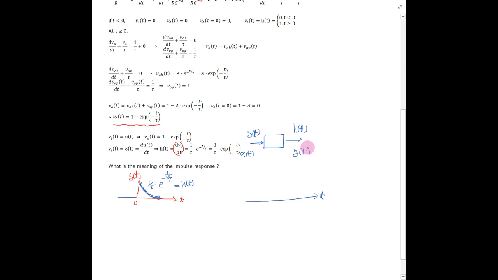The question is this one. What's the relationship between the output, the input, and the impulse response and the delta? So the relationship should be defined from these figures. Here is the input signal x(t) changing this way.